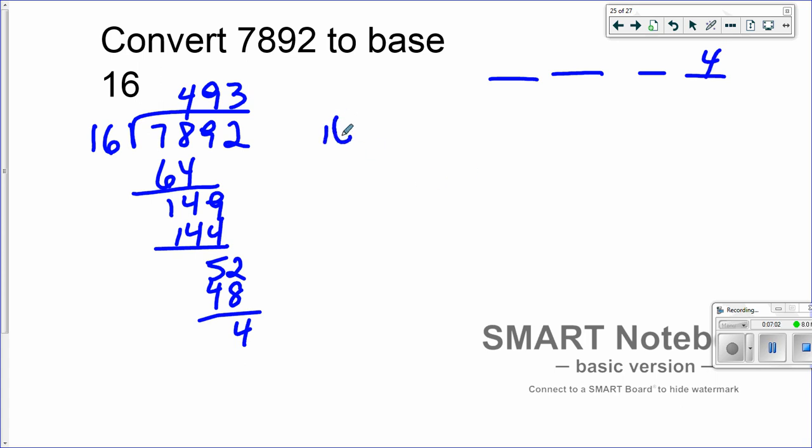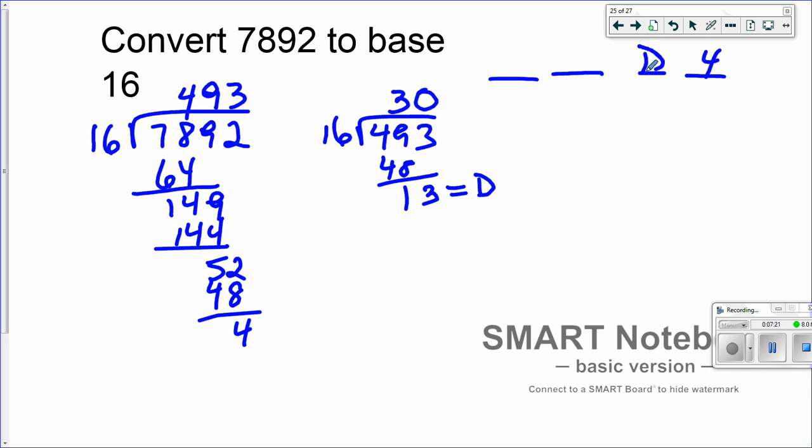So now I do 16 into 493. So that goes 3 times here, that's 48. And then 16 goes in 0 times. So now I have a remainder of 13, which is equal to D. So I put a D here. So then I go 16 into 30. So I'm always taking this number right here. That's what's going in here, right? This number went in there.